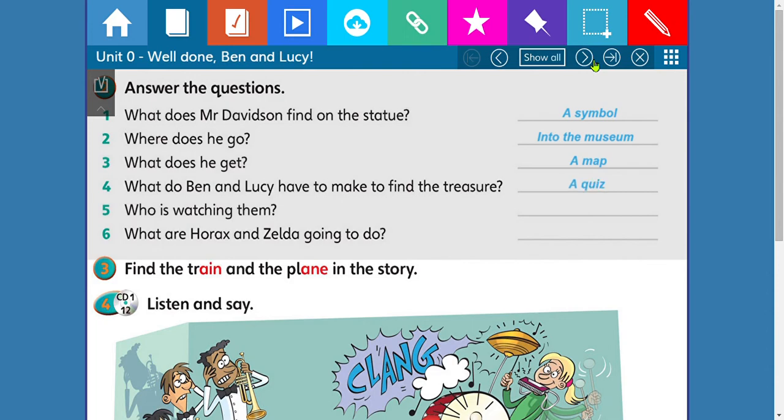They have what? A quiz. Who is watching them? Horrocks. What are Horrocks and Zelda going to do? They are going to follow Ben and Lucy to find the treasure first. So, Ben and Lucy must be careful.